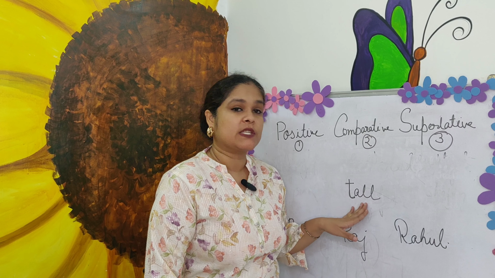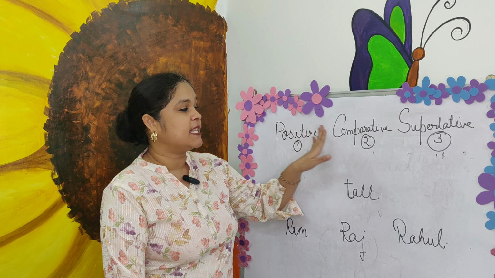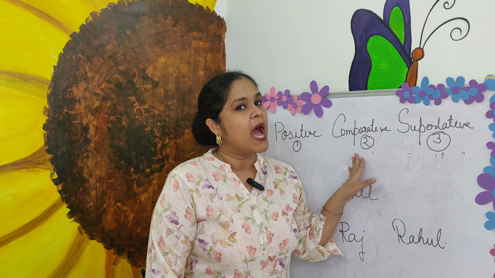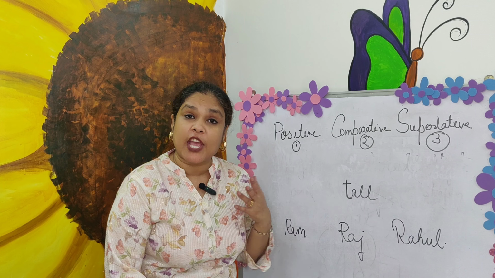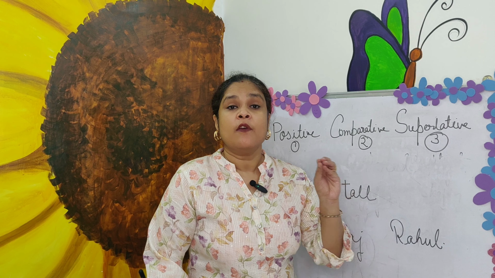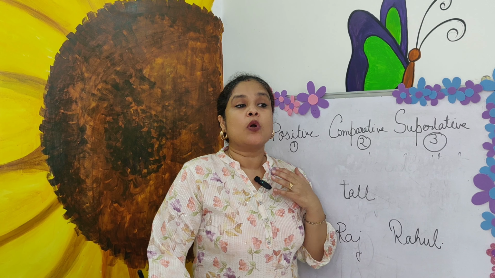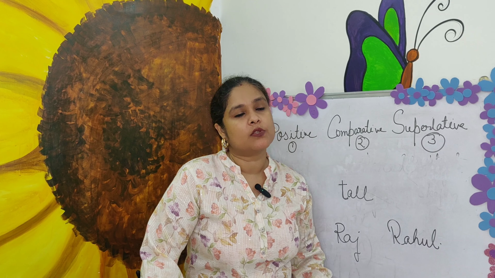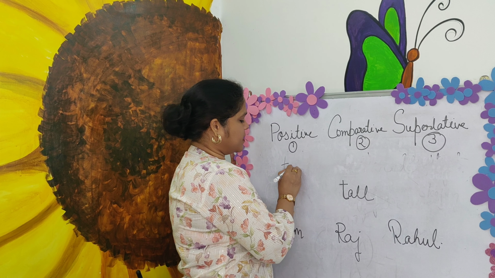The base form of adjective is used for the positive degree and then it changes its form in case of comparative and superlative. So if I talk about tall, I say in general, Ram is a tall boy, which means there is a quality of being tall in Ram. So I look at him and I say that, oh, Ram is a tall boy. So in that case, the positive degree becomes tall.